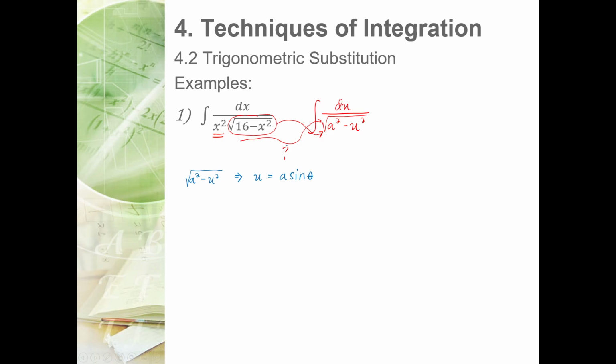Right? Let's first identify our a and u parameters. Coming from the format, this is our a squared, this is our u squared. So a squared is equal to 16. Getting the square root, we have a is equal to 4.